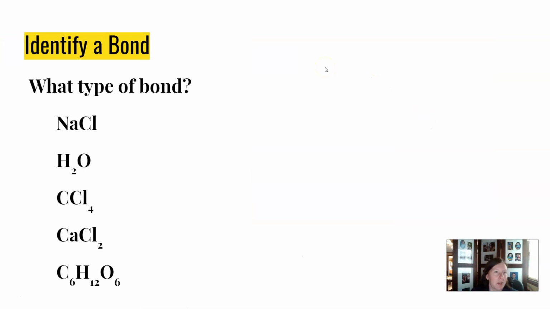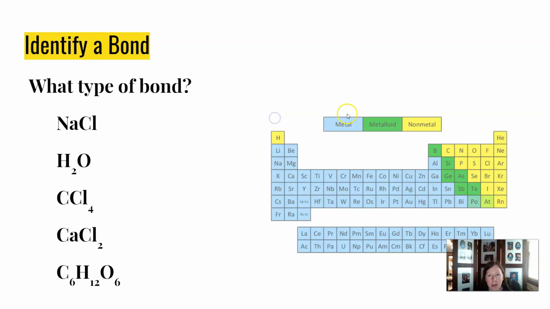All right, so just to find out if you can pick out a bond type, we're going to go through some of these together. So remember, when we're looking for bond type, we're looking at this chart. If I cross one blue and one yellow, I'd be ionic.